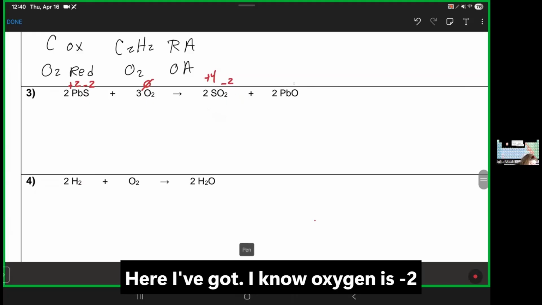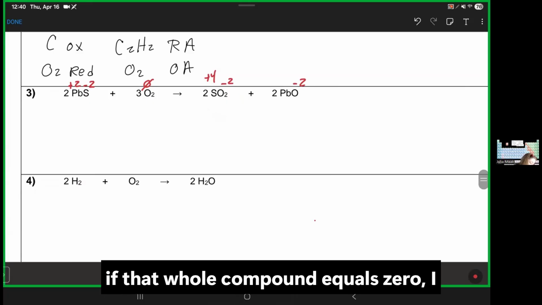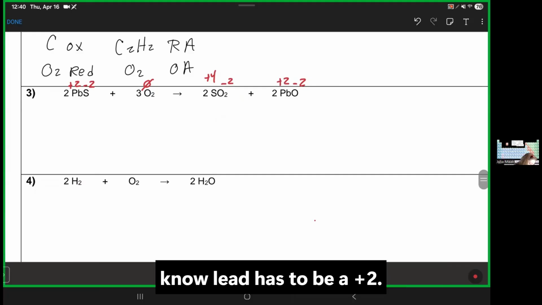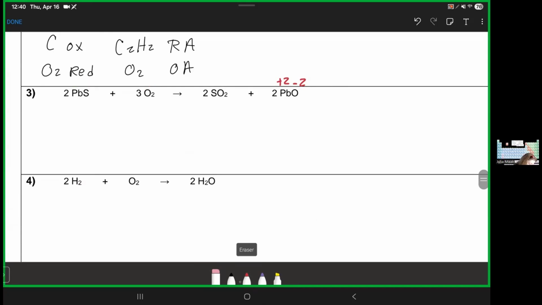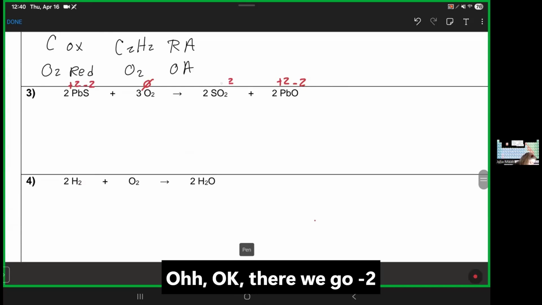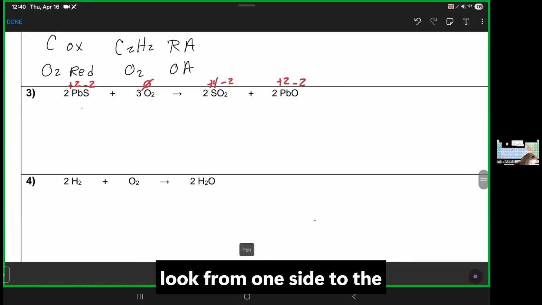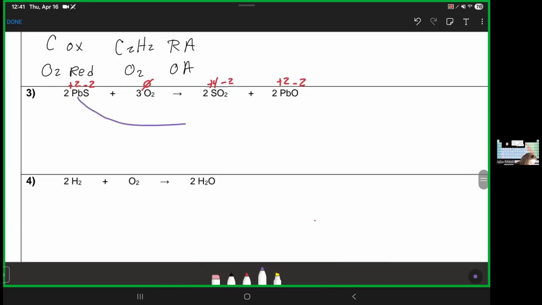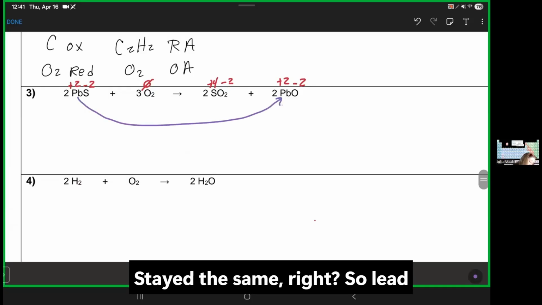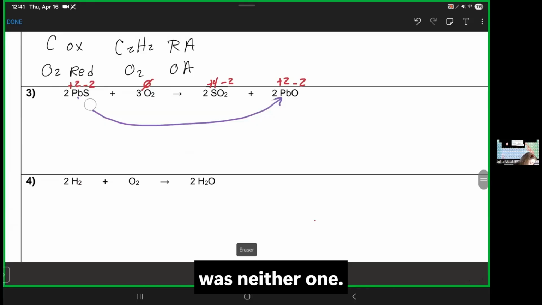Here, I know oxygen is -2. If that whole compound equals 0, I know lead has to be a +2. Oh, okay, there we go. -2, +4. Okay, so when we look from one side to the next, our lead stayed the same, right? So lead was neither one.